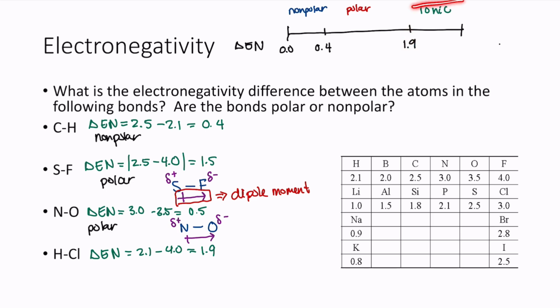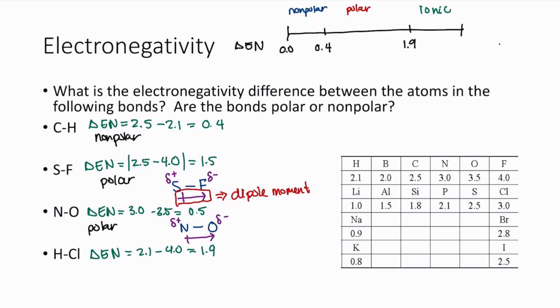This is where you have to use your chemical common sense. Ionic means it must contain a cation. All right, it must be a metal. Hydrogen is not a metal. It is going to exist as a covalent bond when it is partnered with something.